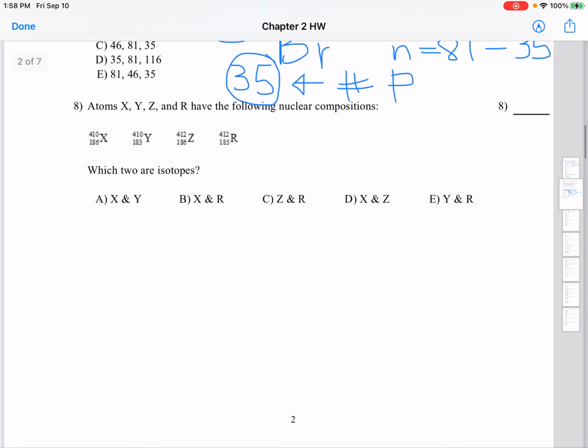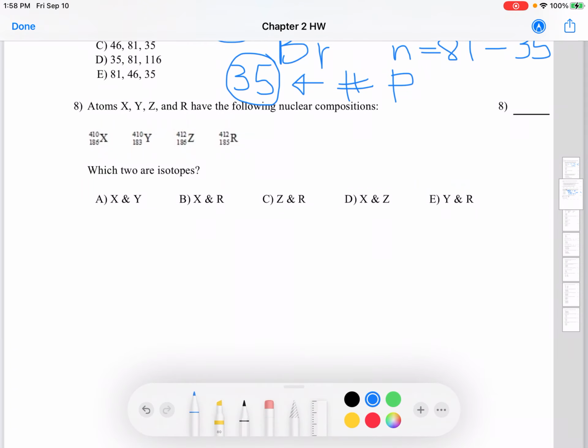And then number 8, atoms X, Y, Z and R have the following nuclear compositions. So you can see X, Y, Z, R, you are given the atomic numbers, and also you are given the mass numbers, your superscript. So what are isotopes?